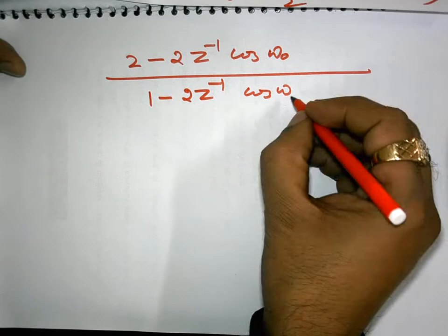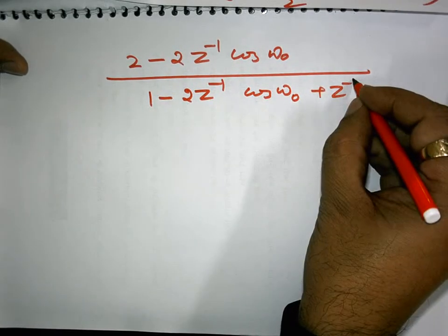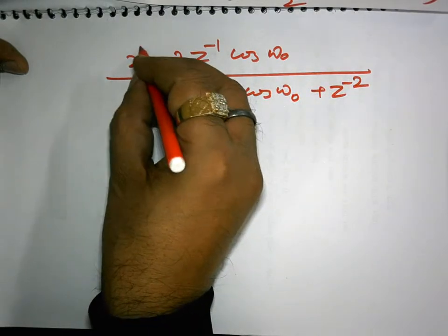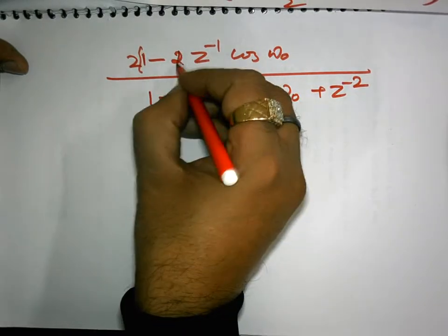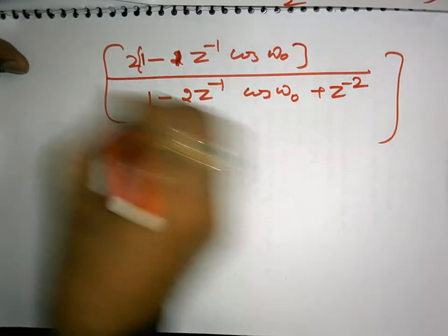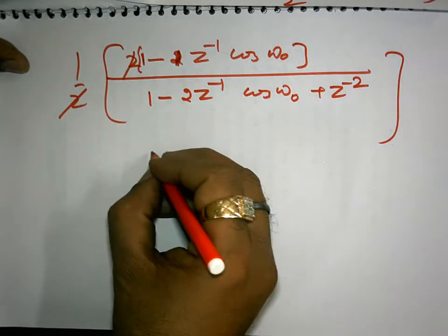We will take out this 2 outside, and this is useful in cancelling the half. All right.